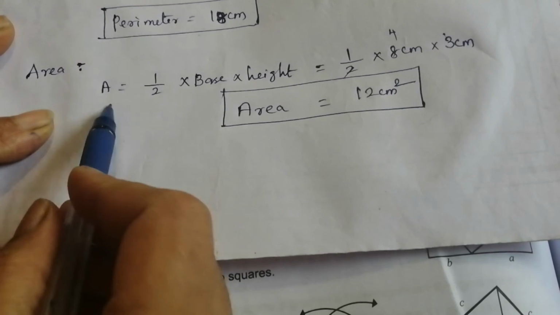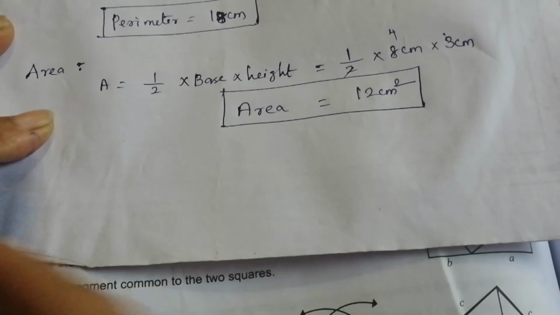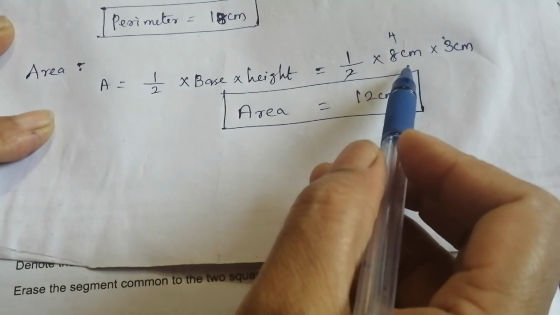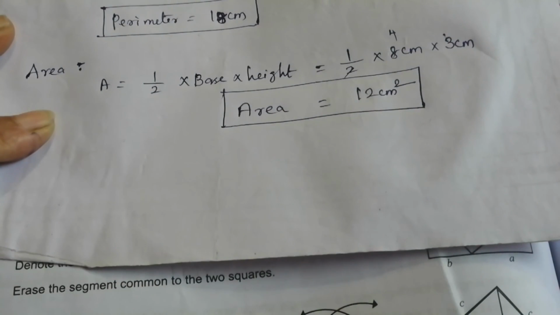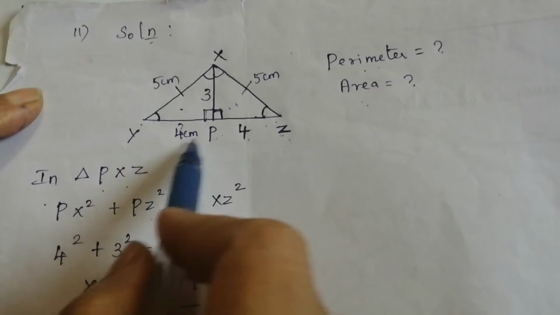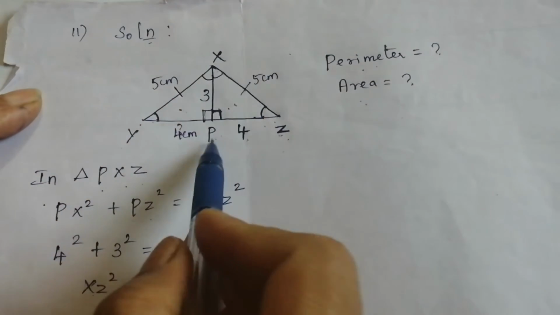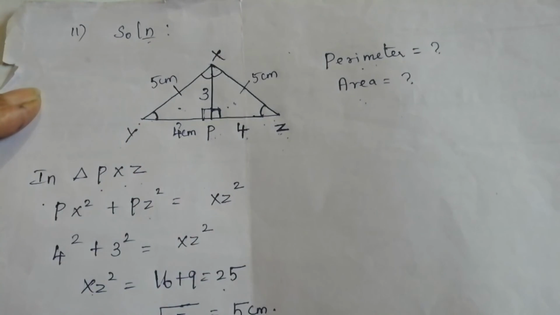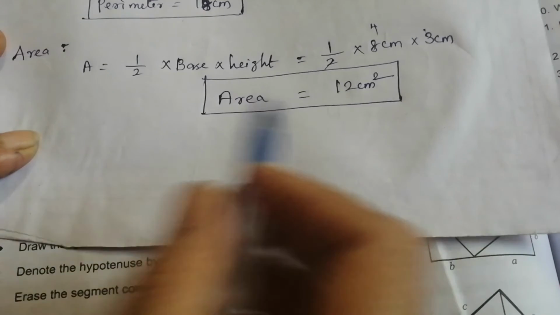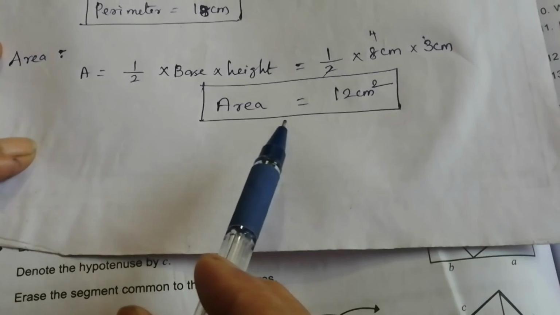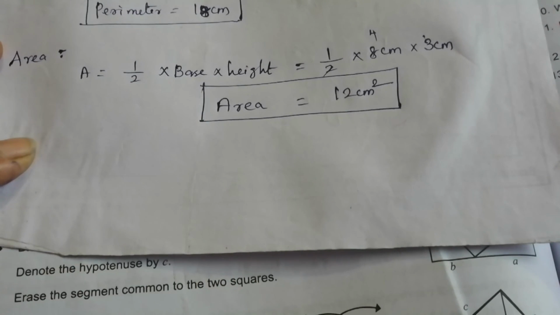And area equal to 1 by 2 into base into height. 1 by 2 into base is 8 centimeter and height is 3 centimeter. YZ is the base, 8 centimeter. Height is XP, 3 centimeter. If we solve this, we get 12 centimeter square. So area of the triangle is 12 centimeter square and perimeter is 18 centimeter.